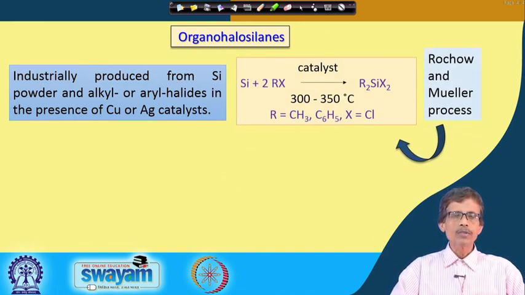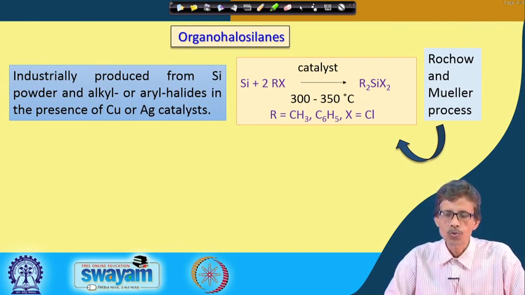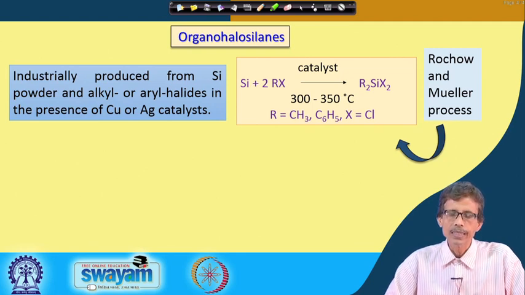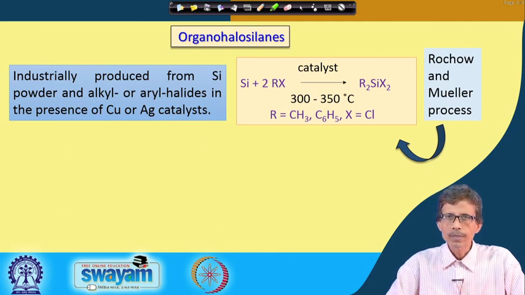So, what do we see? We have the silicon powder, you have the RX material, the alkyl halide or the aryl halide, and some well-known catalysts are used such that we react it for R2SiX2 formation. It is not that we get only R2SiX2; we can also have RSiX3 and R3SiX. So, all these things are there.